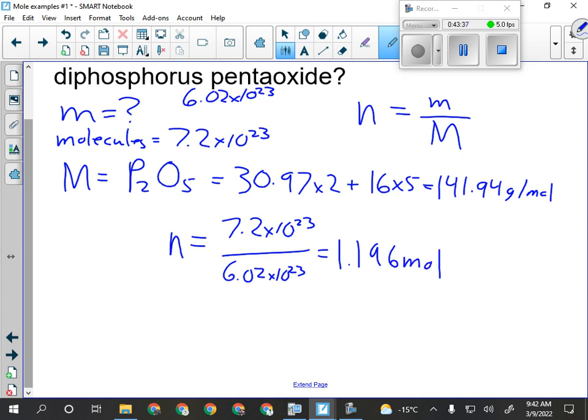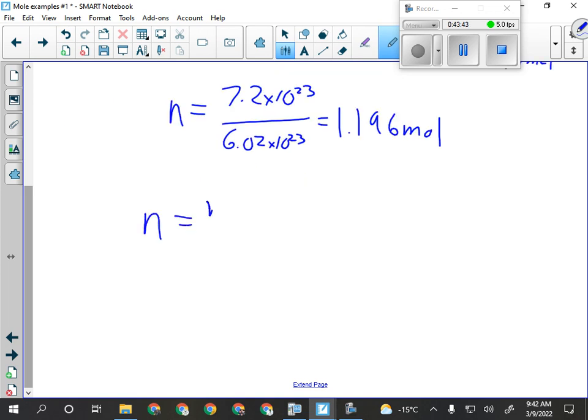All right, now I have n and I have big M. So now I can calculate little m, the mass. So n equals little m over big M. I've got to isolate little m, so I'm going to multiply by big M, and multiply the other side by big M. Now I've got my formula.